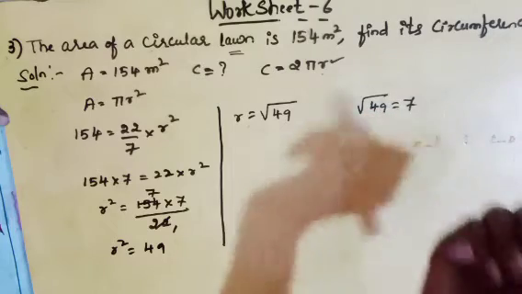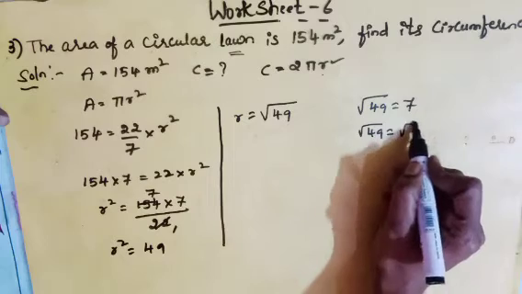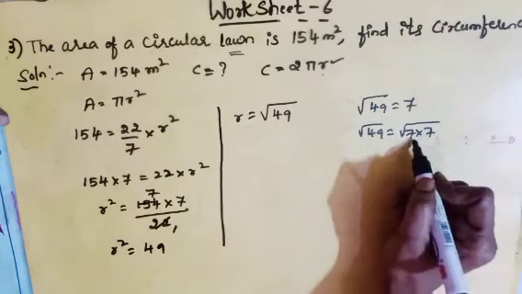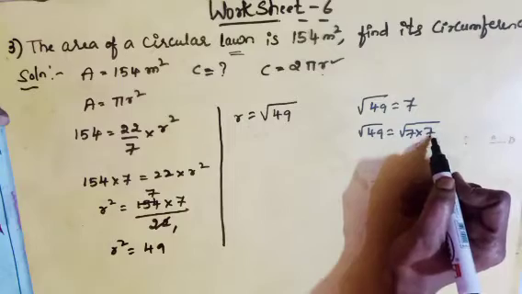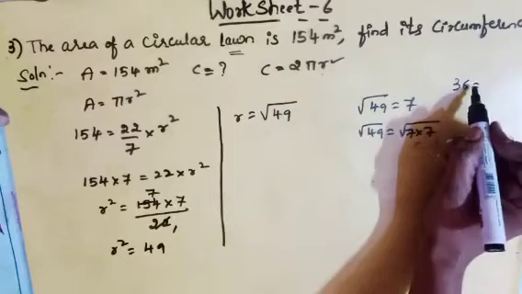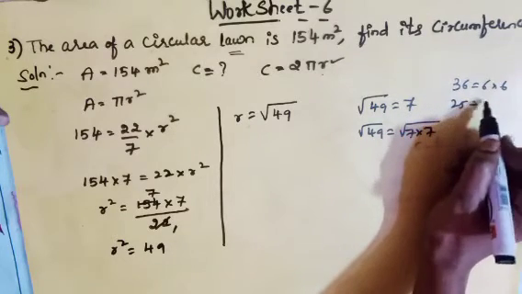How do we get 7? The square root of 49 can be written as 7 into 7. This 7 into 7 is called a square number. See, 36 can be written as 6 into 6, and 25 is 5 into 5.